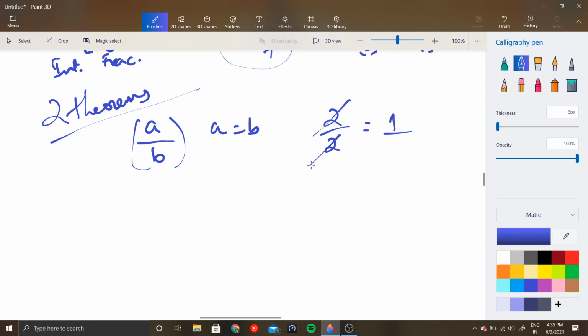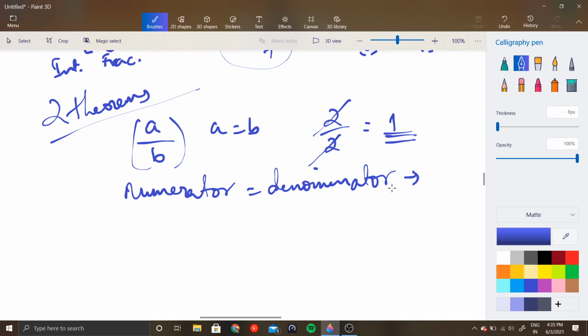These cancel off and you get unity. So when numerator and denominator are equal, you get unity, or 1. There's nothing to remember, it's very intuitive.